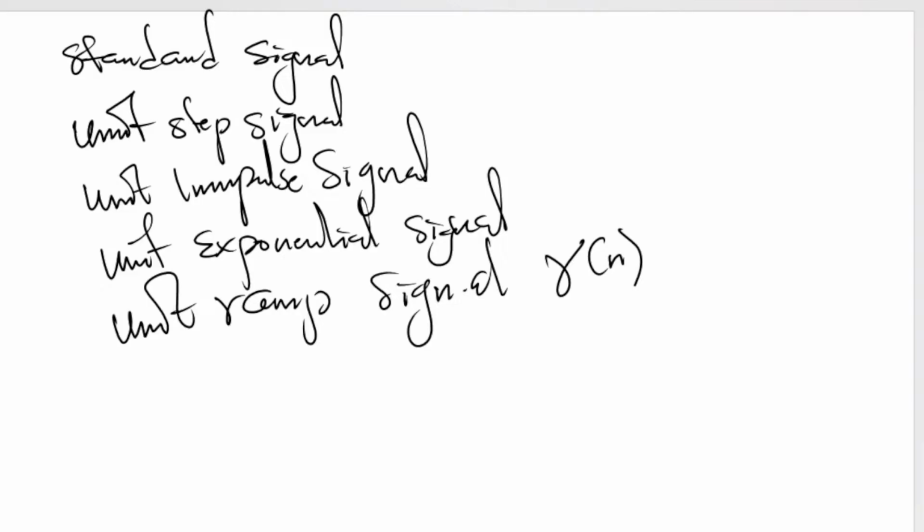Your exponential signal is denoted with a exponential alpha n. This is for discrete signal. Your impulse signal is denoted with delta of n, while your unit step signal is denoted with u of n.